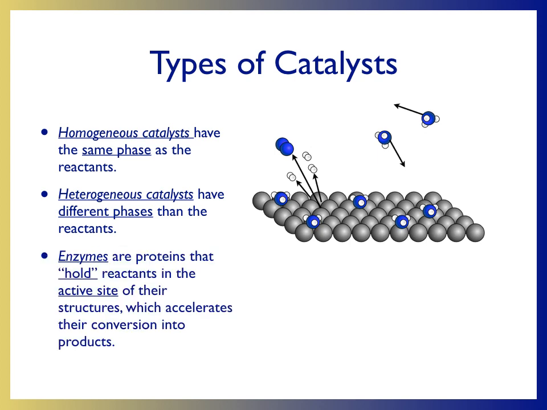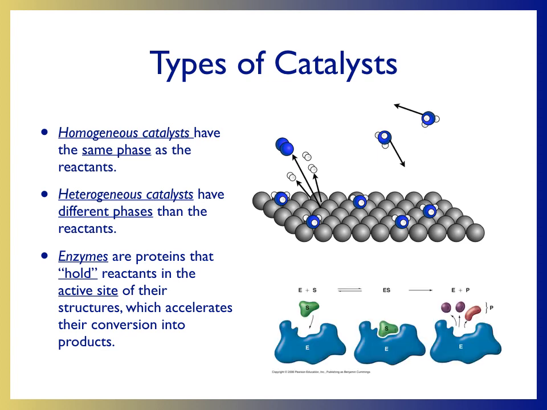There are also biological catalysts called enzymes. Enzymes are typically proteins that are able to hold reactants in a certain configuration that allow for reaction to occur. Here's a simple example of how an enzyme works.